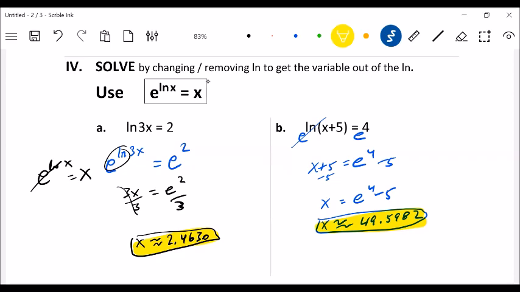And you can check it by putting it back into that. If I put x in here, so it's approximately 50, I get 55, and then that results in approximately 4.